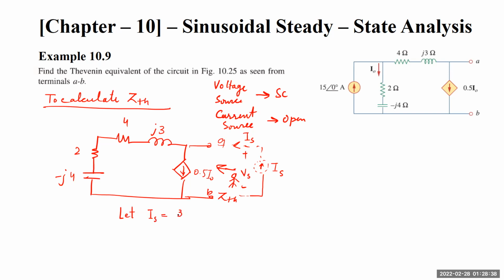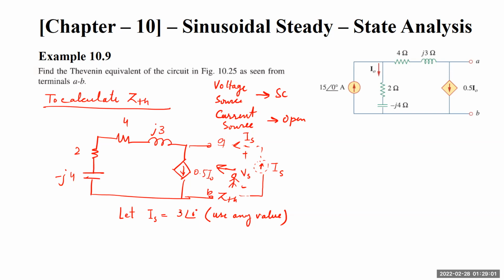Your textbook basically uses 3 angle 0, but you can use any value. There is no particular reason, it just makes the calculations come out in whole numbers rather than decimals.